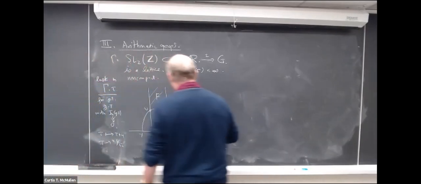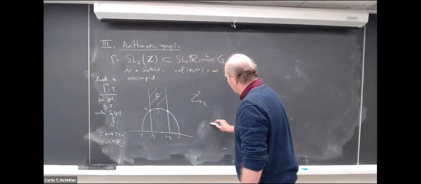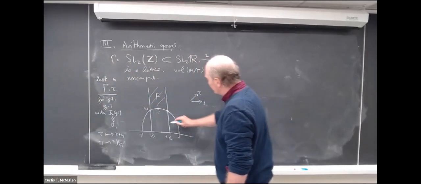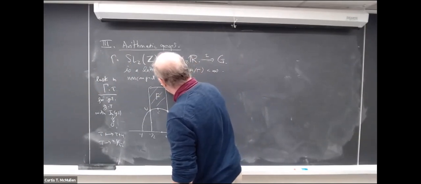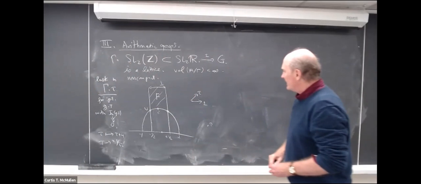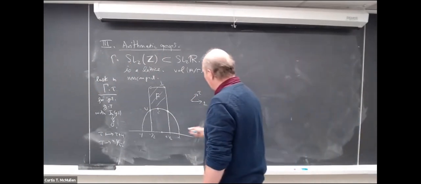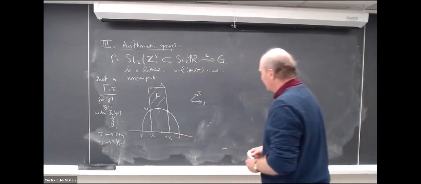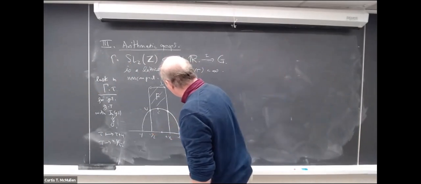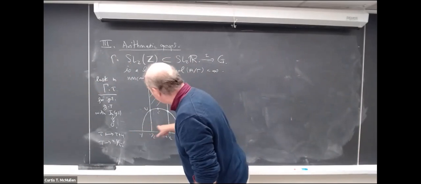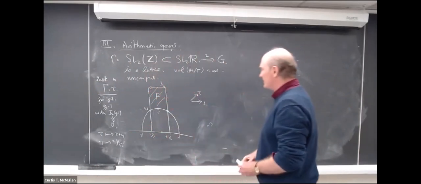So if you're given a point tau somewhere, you first translate it so it lies between these two horizontal lines. Since these lines are distance 1 apart, any point can be translated by an integer, so it lies in between those two lines.